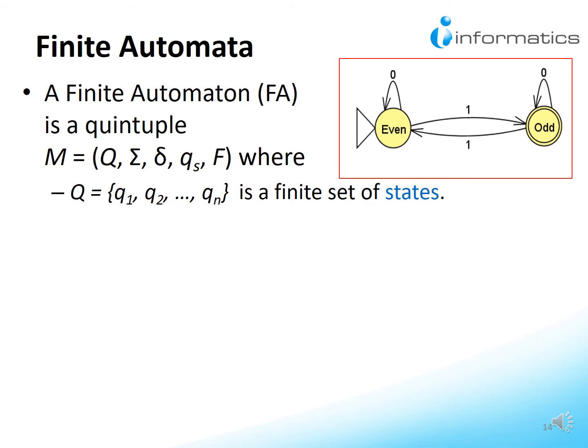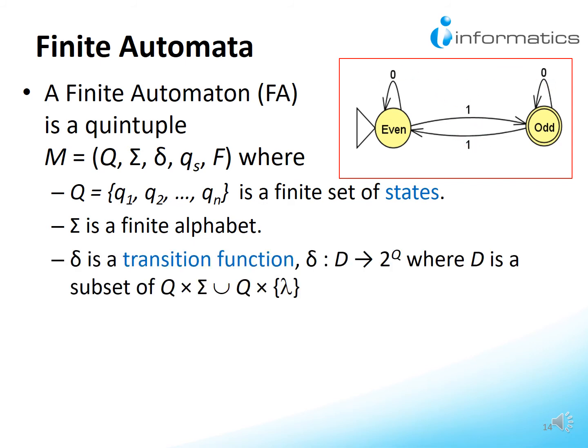So this gives this automaton the name finite state automaton. Sigma is the alphabet. In this machine, the alphabet is 0 and 1. Delta is a transition function, so it maps from the current state and the input to the next state.